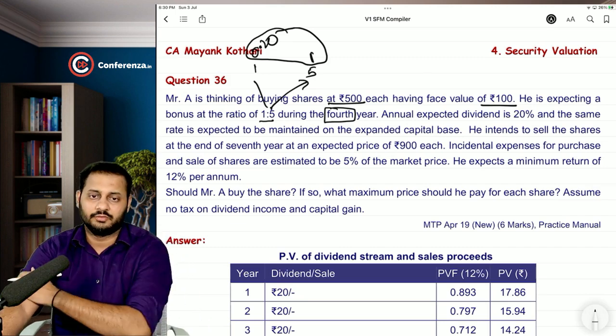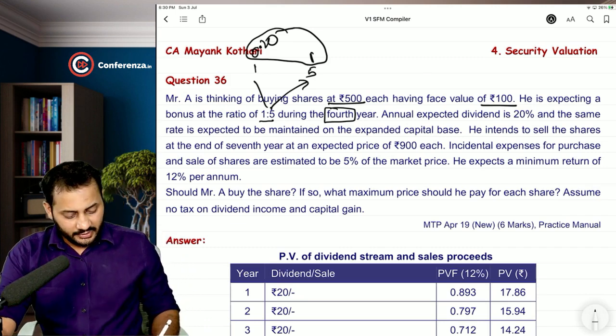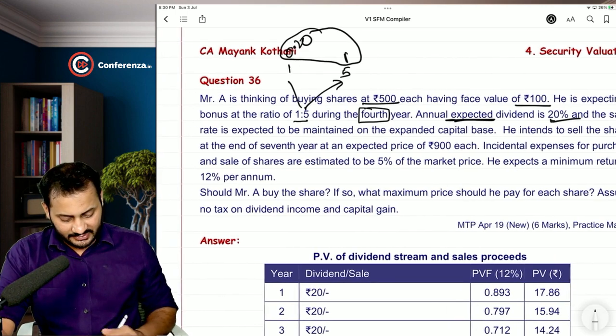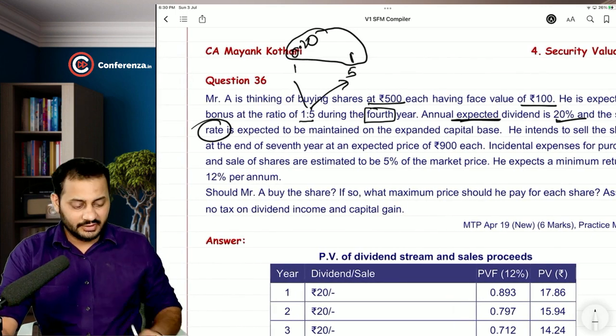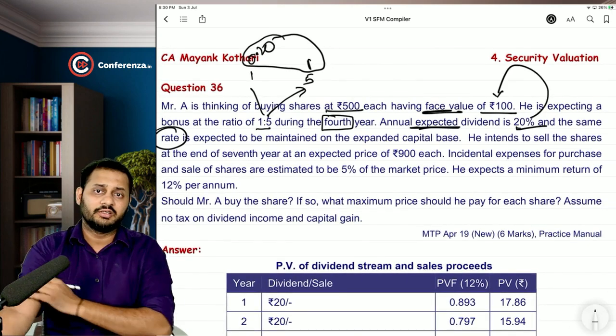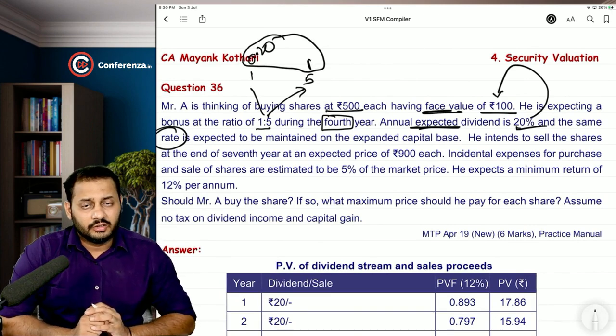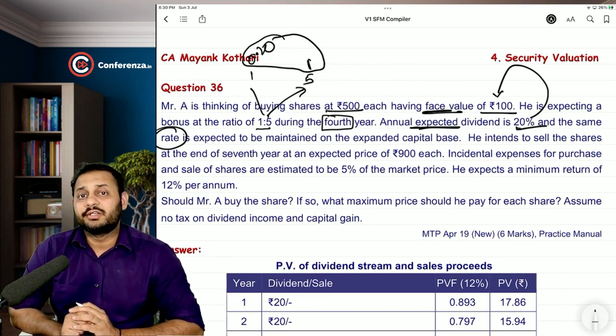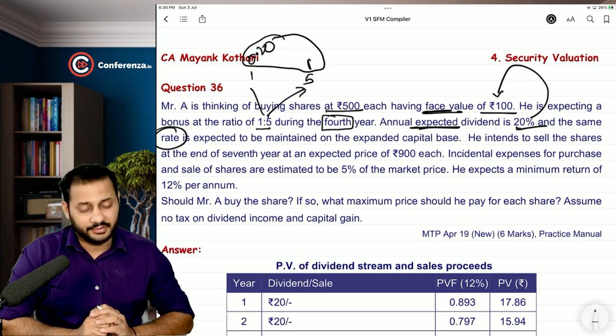Okay, good. Annual expected dividend. Expected dividend is 20%, and the same rate. If it is rate, that means it will be applied on the face value. We have learned this in Walter's model. There are 3 types of dividend.